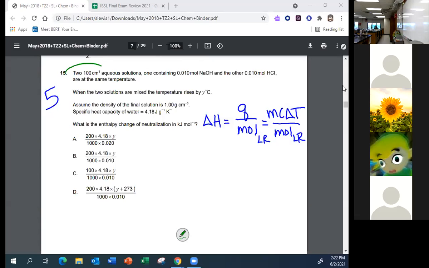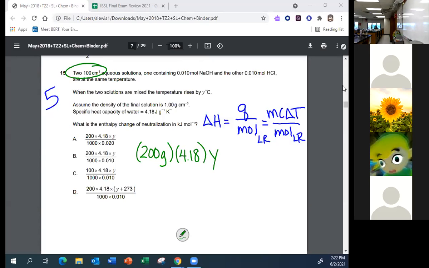So we have two 100 milliliter solutions. So that's a total of 200 grams. If we assume that the density of this solution is 1 gram per cubic centimeter or 1 gram per milliliter. The specific heat is 4.18. And the delta T was given as Y.